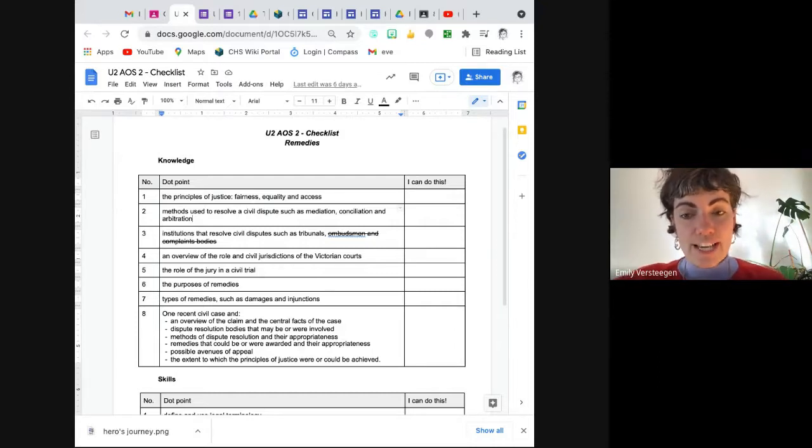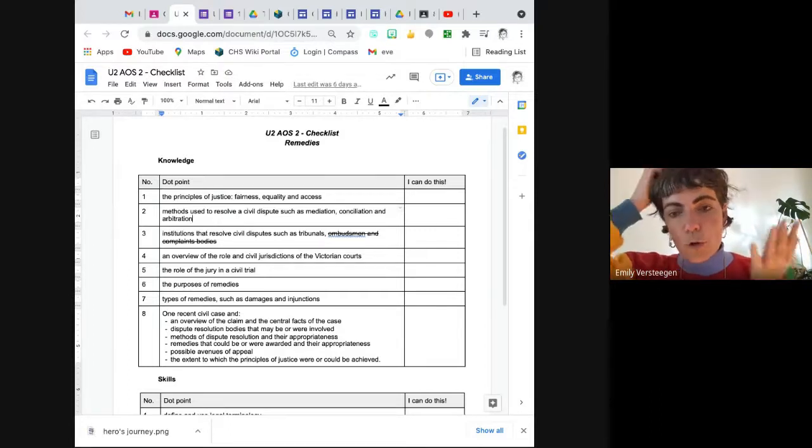It's not correct to say go to arbitration because it's not a place, it's a method. All of these three things are methods. So you don't go to mediation as a location. You might do your mediation in a court, to be honest, but it's just a less formal way of resolving disputes.